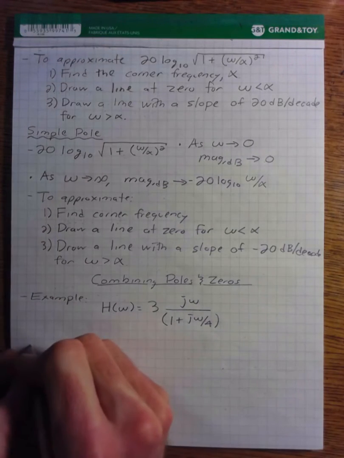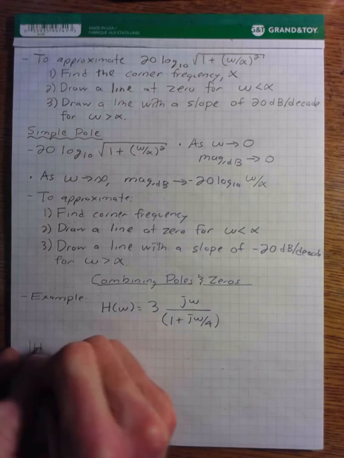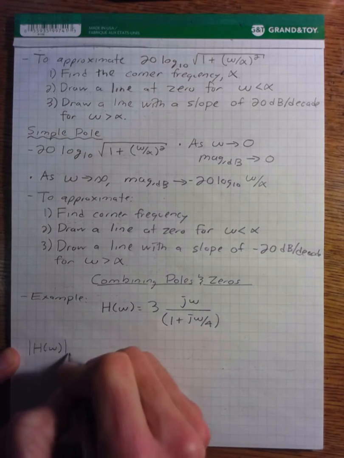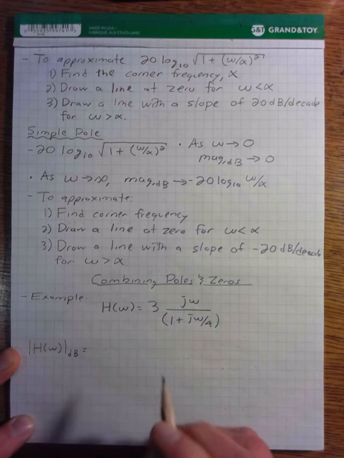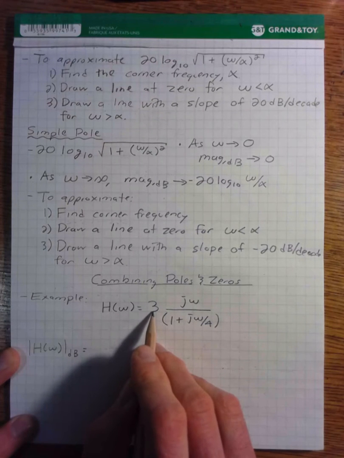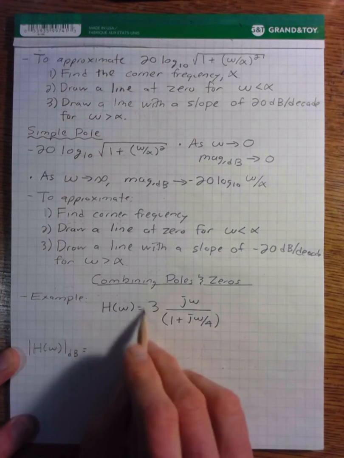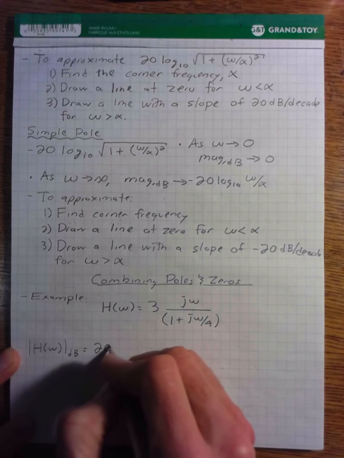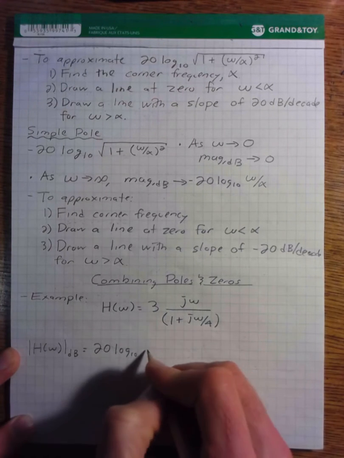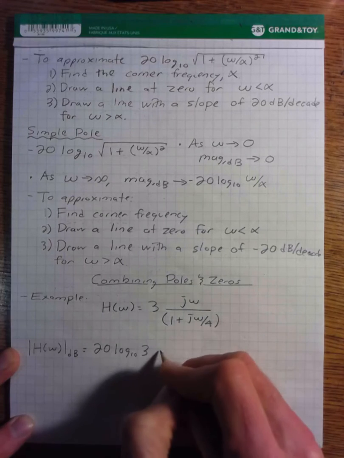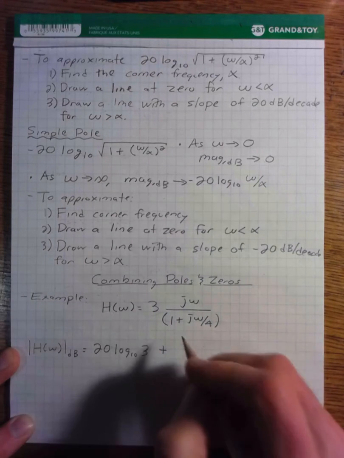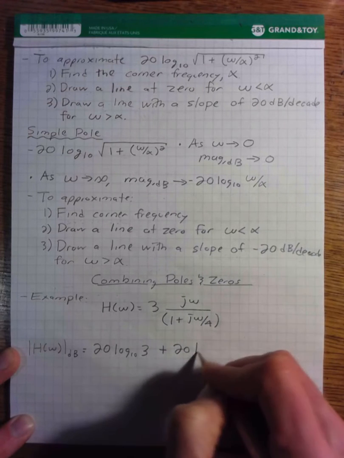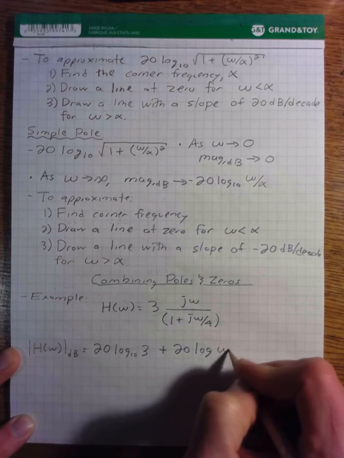So if I wanted to express the magnitude of this frequency response in dB, it would be 20 log times the constant. So 20 log base 10 of 3. So that takes care of this constant in front of the transfer function, plus 20 log of omega.